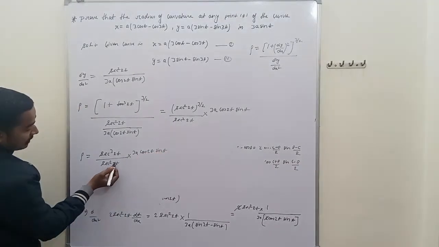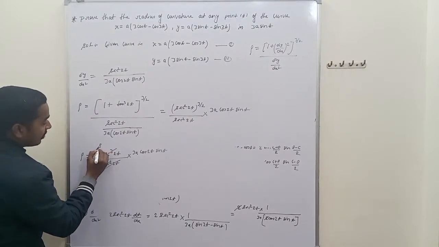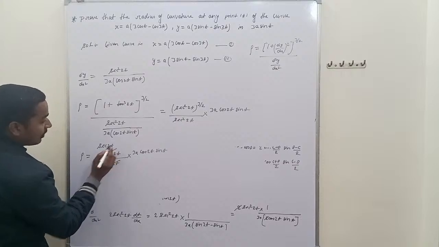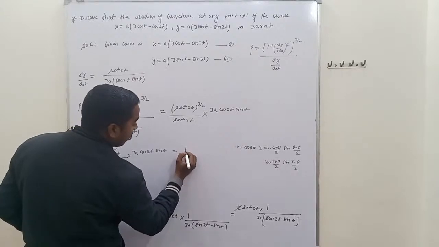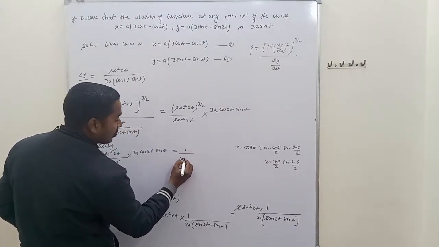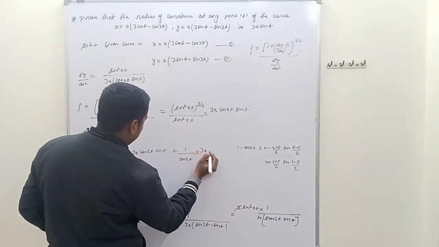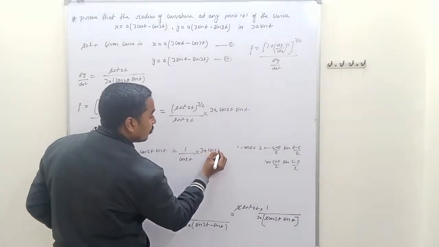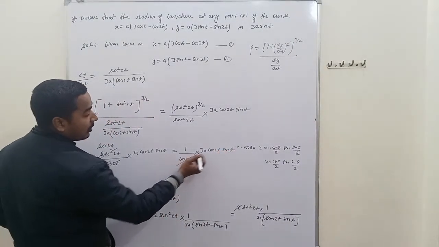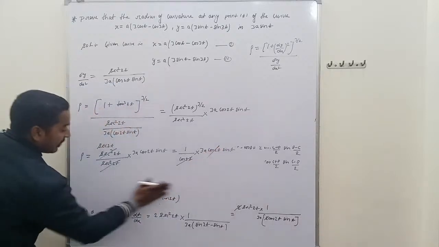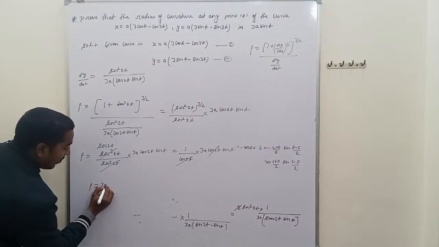From here sec square 2t and sec cube 2t, sec square 2t is cancelled out and the remaining is sec 2t, which we take into the denominator. This is 1 upon cos 2t into 3a cos 2t into sin t, and from here cos 2t to cos 2t is cancelled out, and the remaining is: radius of curvature is equal to 3a sin t.